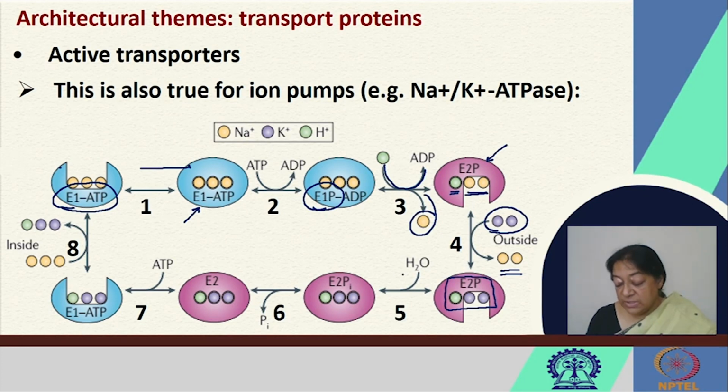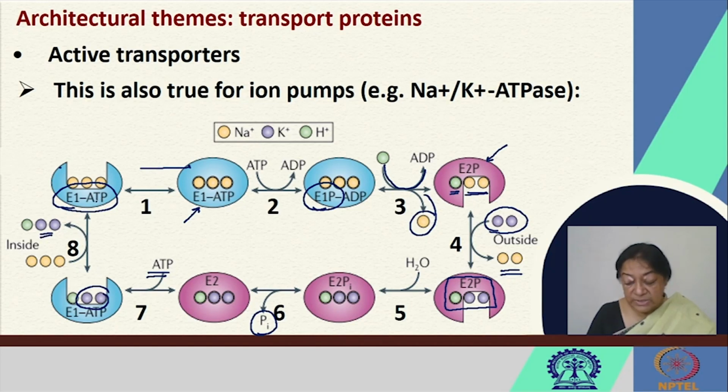As hydrolysis now occurs, we have the loss of the Pi, we have an ATP assisted step where we have a conformational change in step 7, resulting in the bound form of the two potassium ions now leaving the cell.